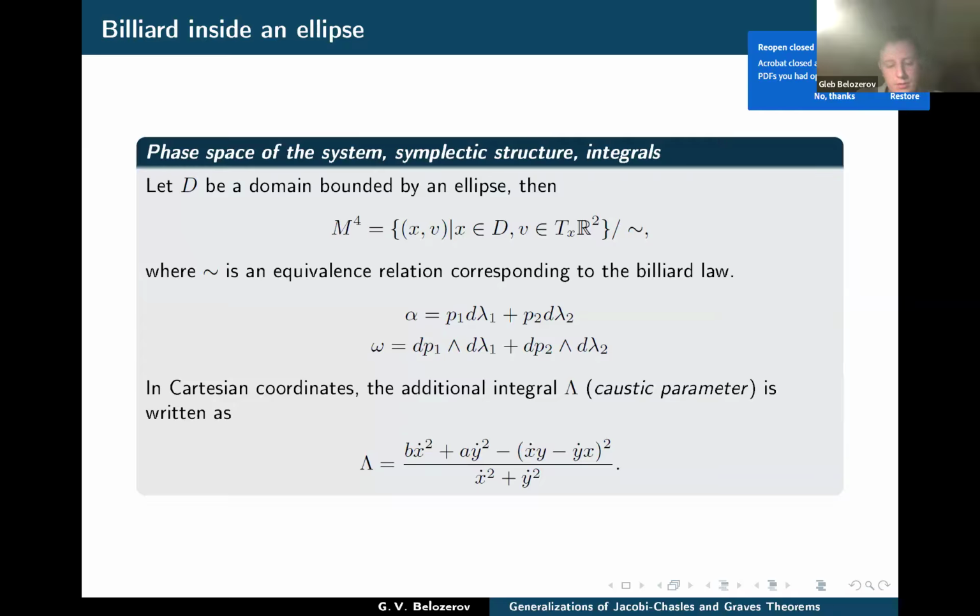Note that this theorem is true not only for ellipses, but also for hyperbolas and parabolas. Here you can see the illustration of this theorem for these cases.